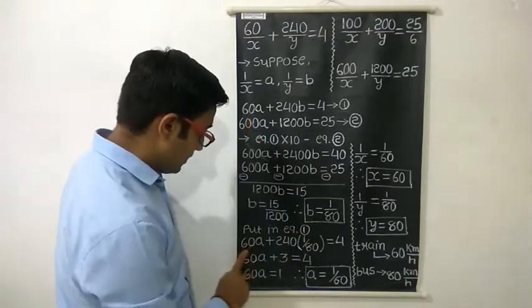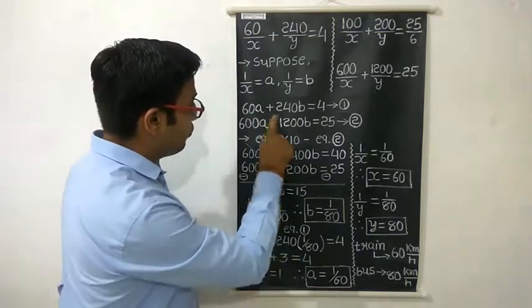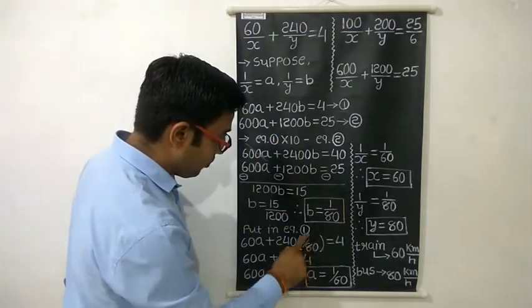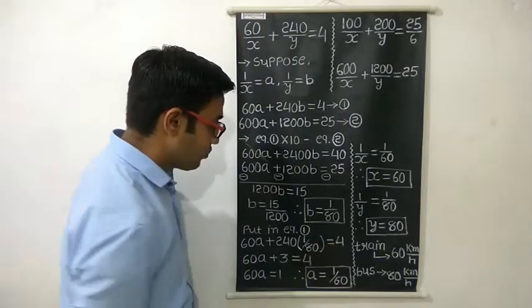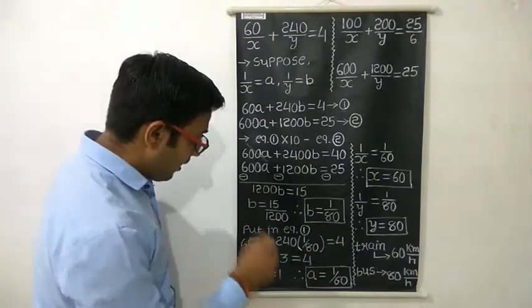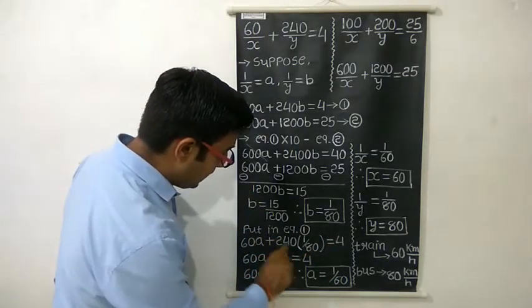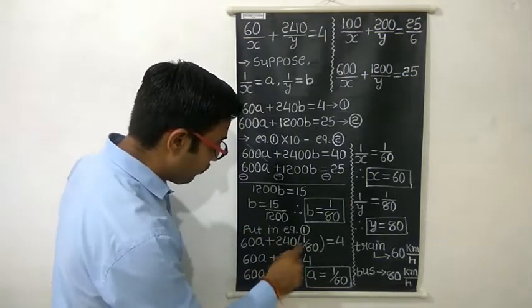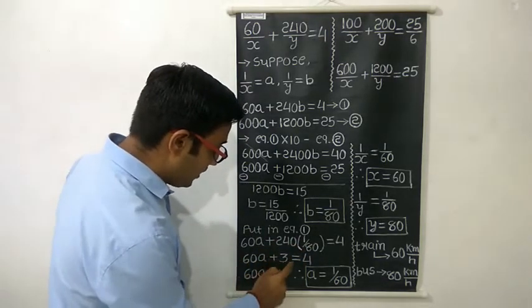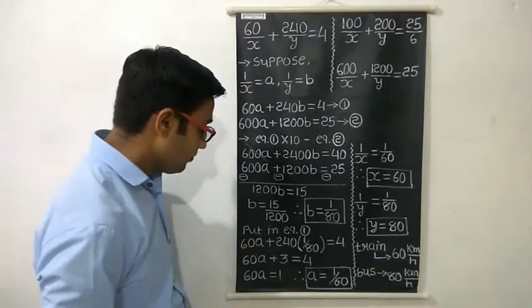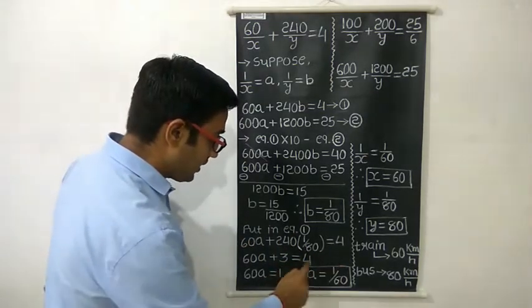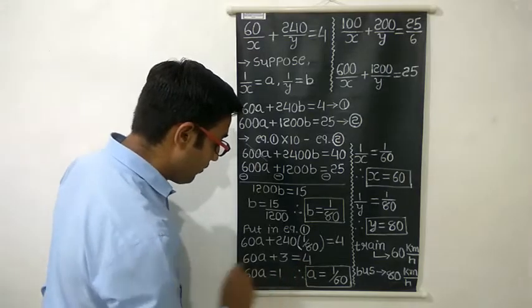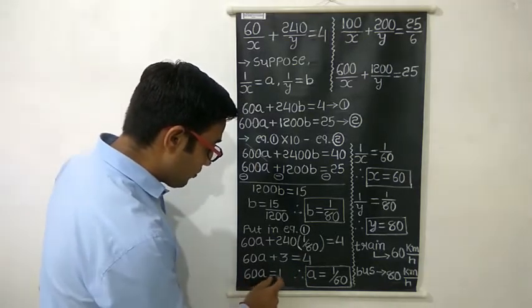So 60a remains as it is plus 240, instead of b we put 1 upon 80, that is equal to 4. So now if we cancel out this 80 and 240, we get 80 3s are 240. 60a plus 3 is equal to 4. Take this 3 to the right hand side, it becomes 4 minus 3 is 1. So 60a is equal to 1.